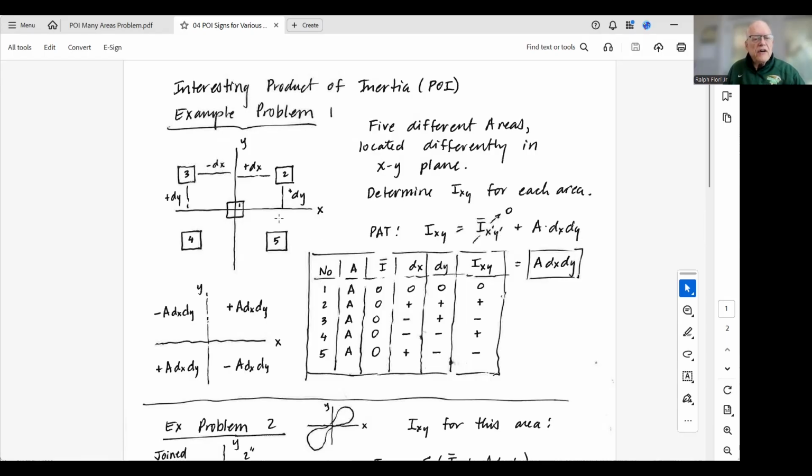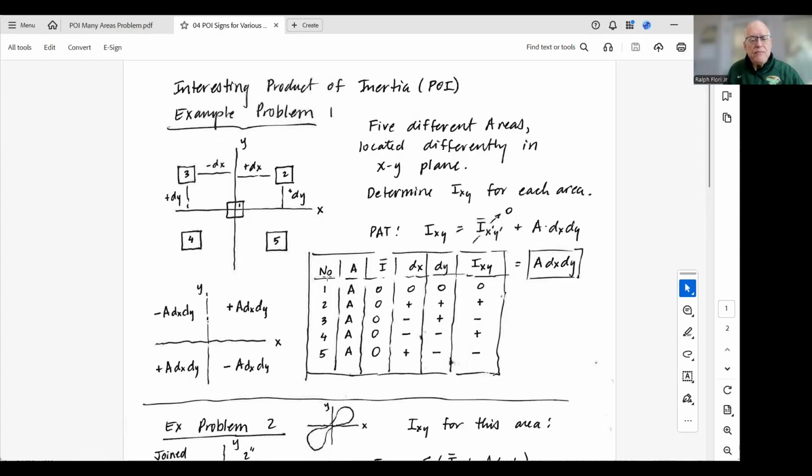For all of these areas, these are all basically rectangles or squares because they're symmetric about their centroidal axes. All of their I bars are 0. So the IXY of all 5 of these is just equal to their area times dx times dy.